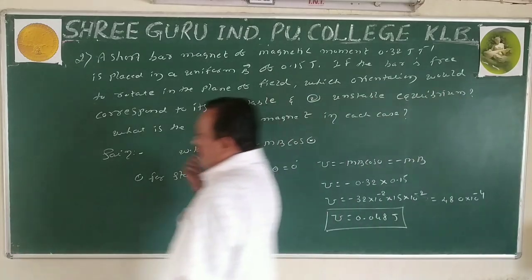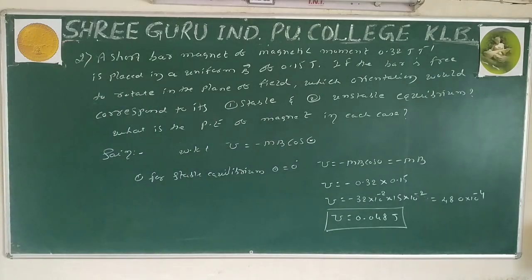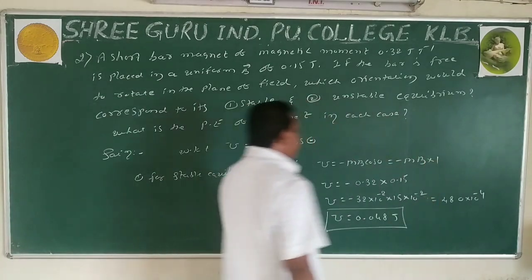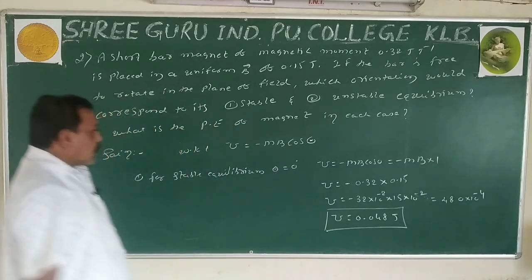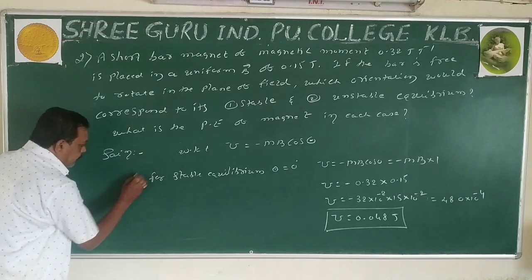For unstable equilibrium, I go for the second condition. For unstable equilibrium, theta equals 180 degree. Cos 180 is nothing but minus 1. Minus of minus is plus. Cos 0 is 1. Is it clear?